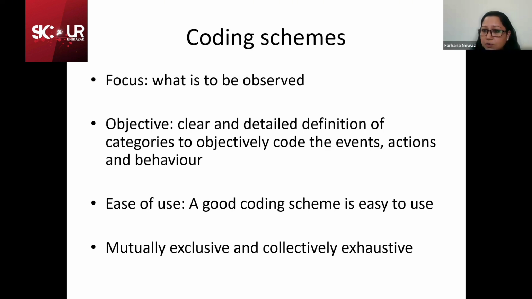And those codes should be mutually exclusive and collectively exhaustive, meaning those codes should not be overlapping. Later, when you try to categorize those activities, you can do it easily based on those codes.